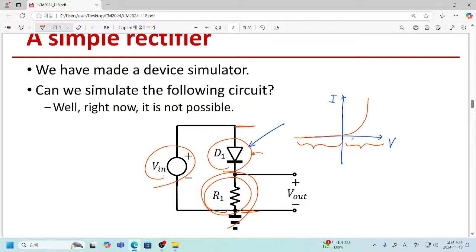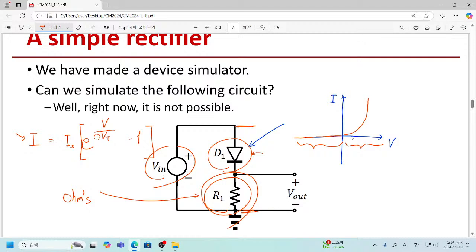For example, the diode current can be expressed as a quite simple one, with a certain number corresponding to the ideality factor, and we can make quite a simple expression for the IV characteristics. By combining these IV characteristics and Ohm's law together with the circuit connectivity, we can get quite a simple expression.